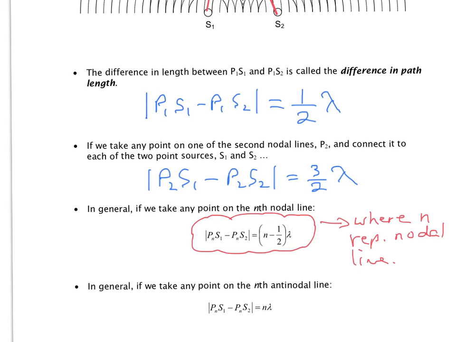The second nodal line is a point on this second nodal line away from the bisector, and so on and so forth. And if I wanted to make a generalization for any antinodal line, so that would be a point where you would see bright patterns, we could say the exact same thing, but this time the path difference would be not n minus a half lambda, but just n lambda.